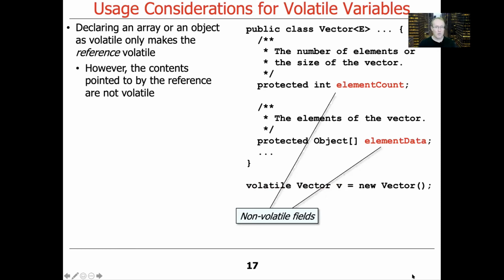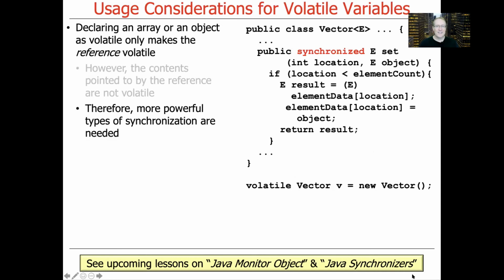Well, that may raise the question in your mind, how do we know that those things don't get corrupted when methods are called? It turns out that this is solved by using other Java synchronizer mechanisms, such as synchronized statements or synchronized methods.